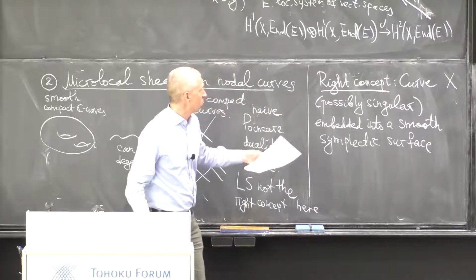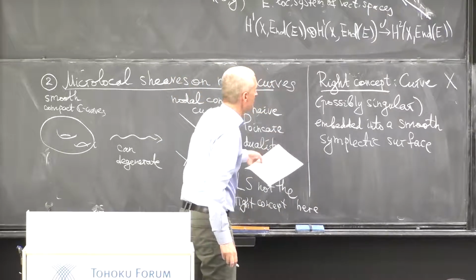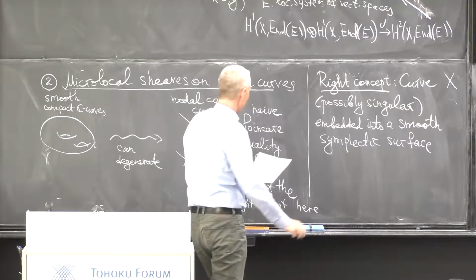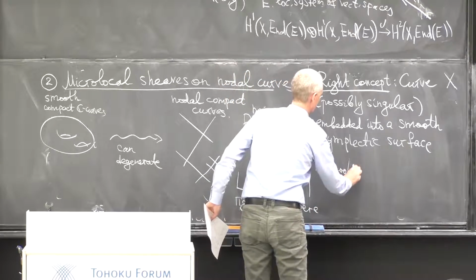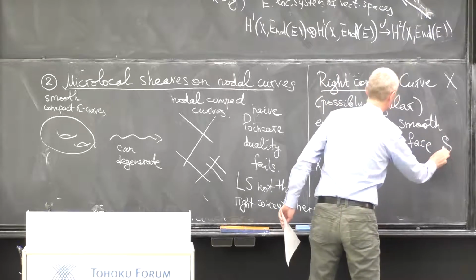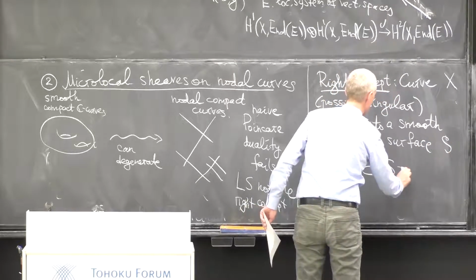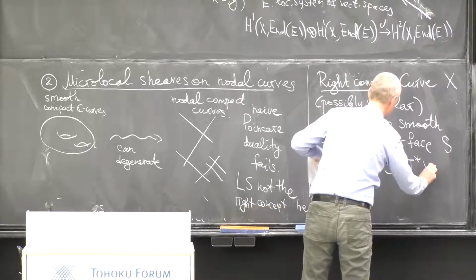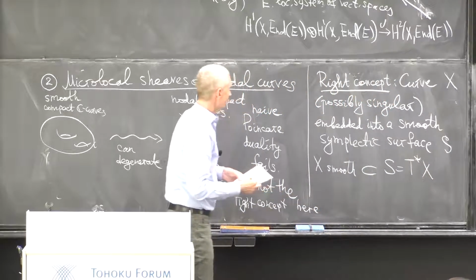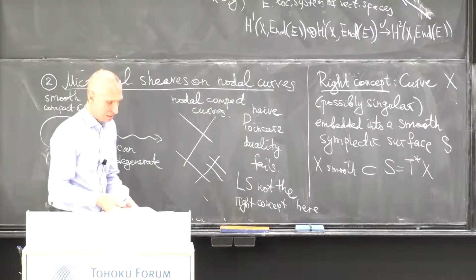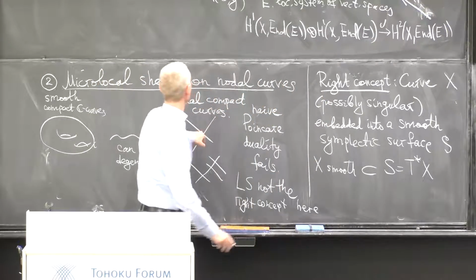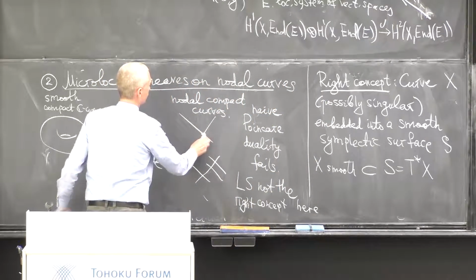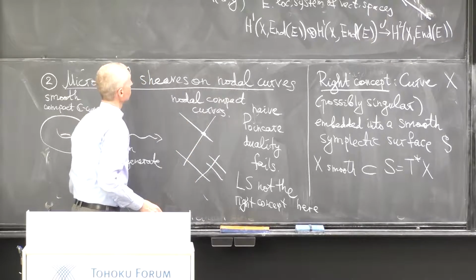For instance, if a curve is smooth itself, it can be embedded into its own cotangent bundle. X smooth, embedded into the surface S, which is simply the cotangent bundle. Now, the simplest singular curve would be a curve like this, where we have transversal intersection at each singular point.